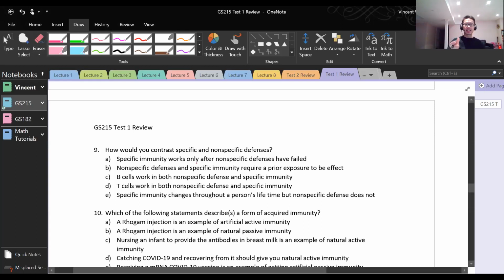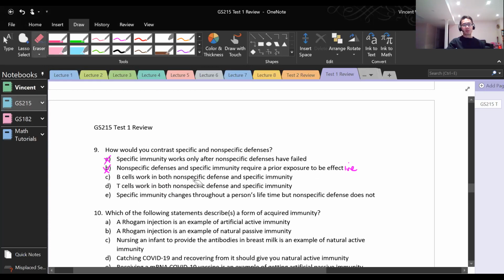So one doesn't necessarily have to follow the other. So that's not true. Non-specific defense and specific immunity require prior exposure to be effective. Not true. No prior exposure is necessary for non-specific defense.